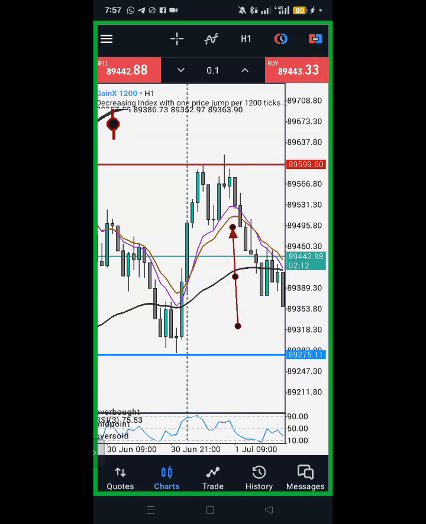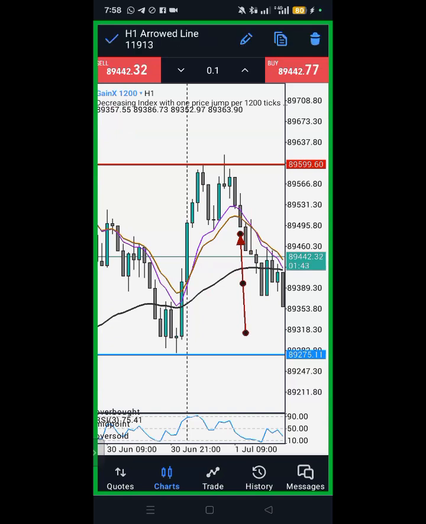So when the 9 crosses the 13 from top and they are both facing bottom, just know that the market is changing direction. So we got our first confirmation here, the market is coming down, and then we wait for the candle that breaks both moving averages, this particular candle, and points down. So we have gotten our second confirmation.